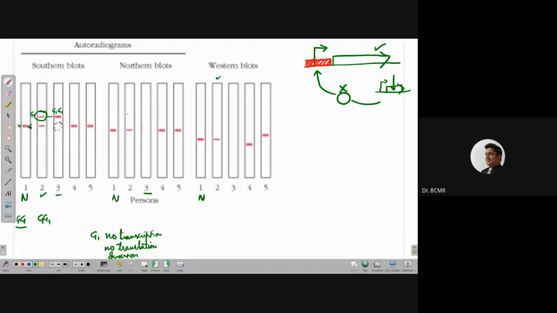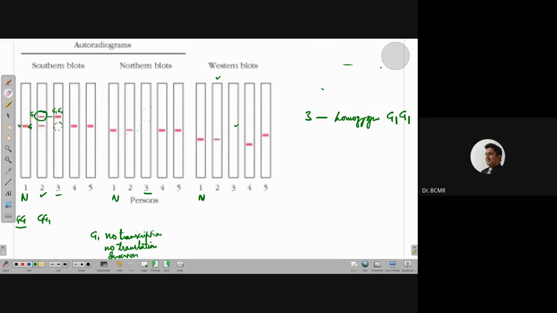You see the same phenotype, in the sense there is no transcription at all, and you would also see that there is no protein band at all. So person 3 is homozygous for G1. Person 2 is heterozygous.